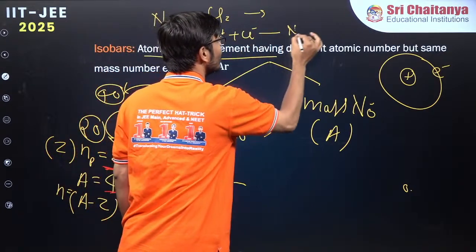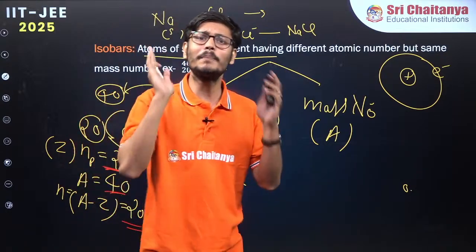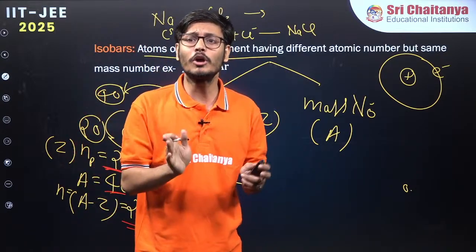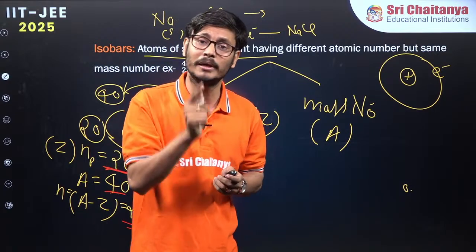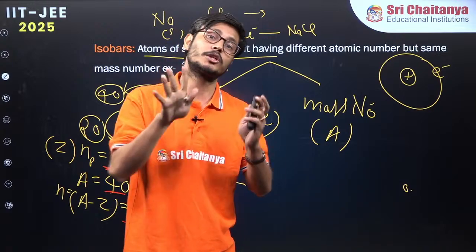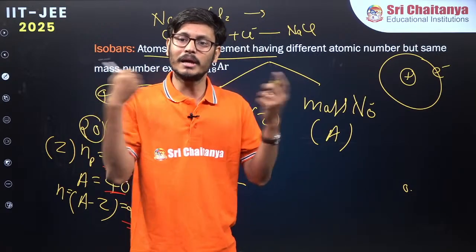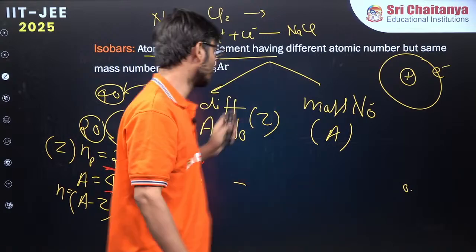And that is how NaCl has been formed. That means chemical property depends on the number of electrons most of the time. So chemical reaction will happen with the electron. We'll come to that after some time.